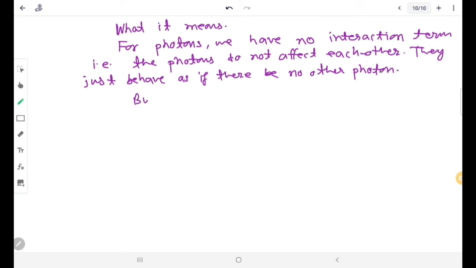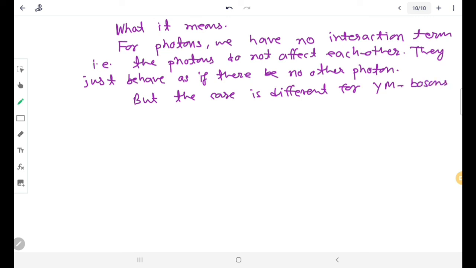But the case is different for Yang-Mills theory. Photons, yeah, we should call them bosons, in fact, bosons in general.